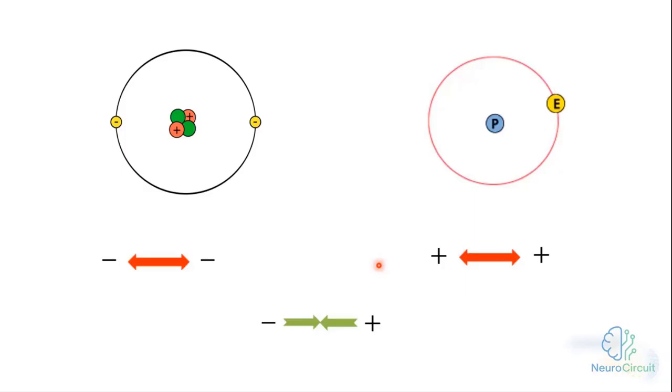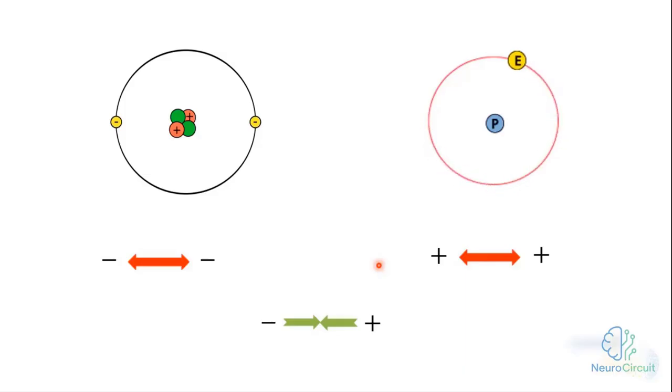Which you might say is a bit contradictory compared to what we see in real life. We always say, for example, that two people with similar traits usually get along better and stay together. But when it comes to electrons and protons, or positive and negative charges, it's actually the opposite. If their charges are opposite, they attract each other and come together, but if their charges are the same, they repel each other.